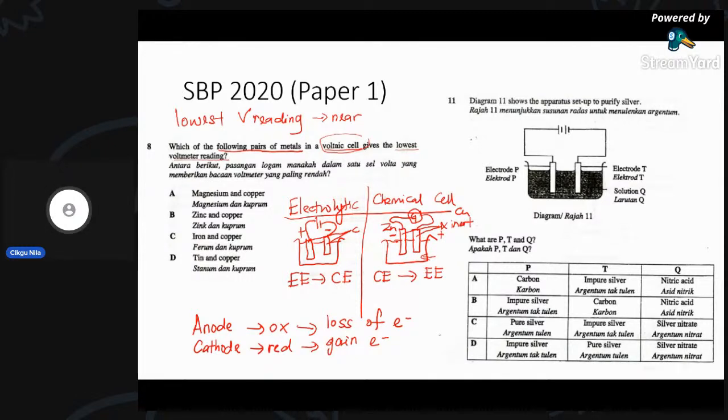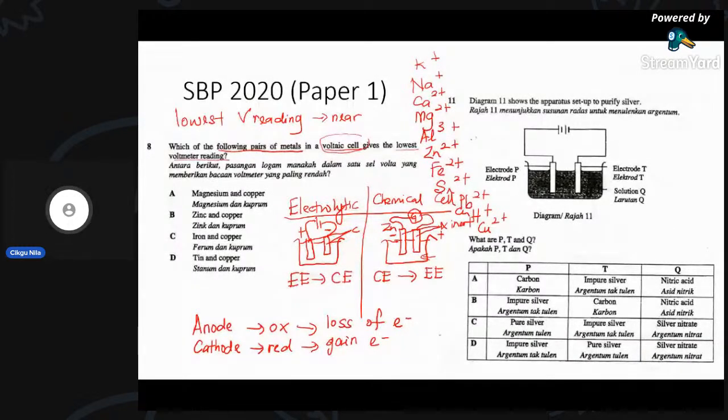So if you look at the ECS, you start with K+, Na+, Ca2+, Mg2+, Zn2+, Fe2+, Sn2+, Cu+.